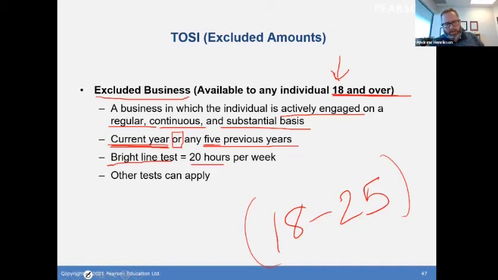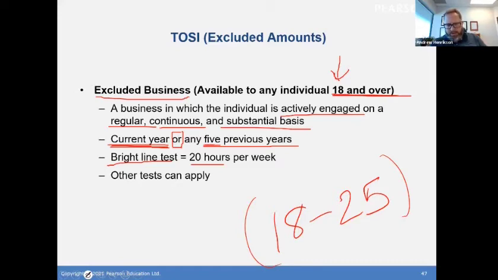That's where they start to break this stuff down. What we're talking about right now is excluded business for age 18 and over. So that's on page 531. Have a look at that section, make sure you're clear with how that works.